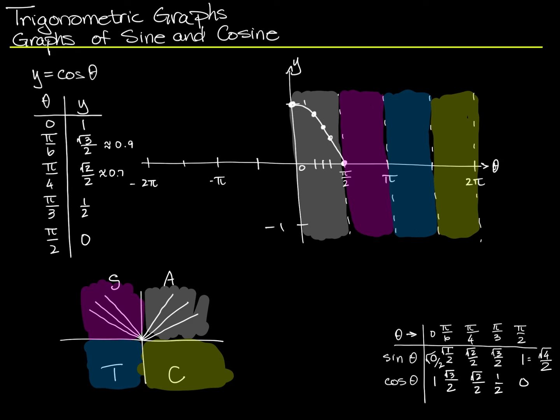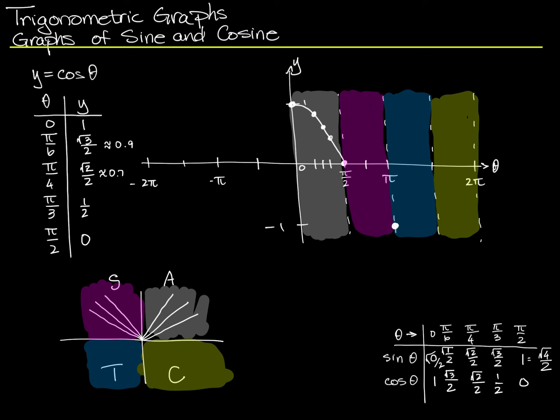And let's see, at pi, but I'm in quadrant 2, right? I've come through quadrant 2. So I'm negative here. And cosine's negative in the next quadrant anyway, so I have to be in this region here, between the pink and the blue regions, where everything's negative. So I'm going to be down here at -1.